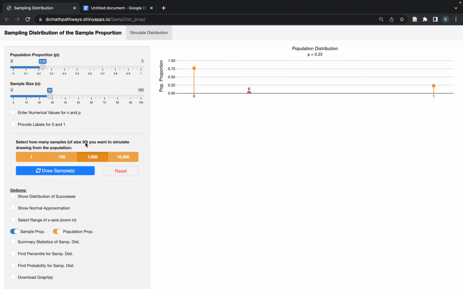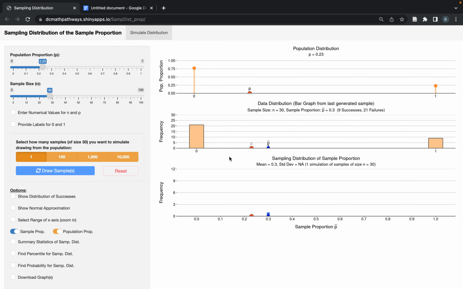So what we're going to do is have our population proportion here, the 0.23, and we're going to take a sample of 30 people. So let's take a sample of 30 people, and you can see that we found 9 out of the 30 people in that sample said that they smoked.